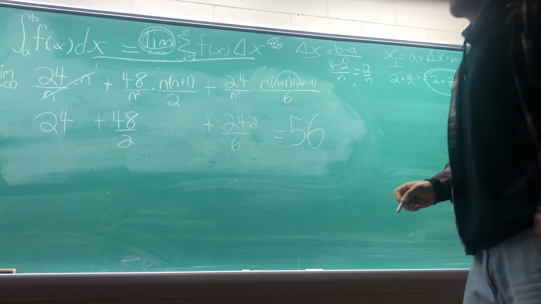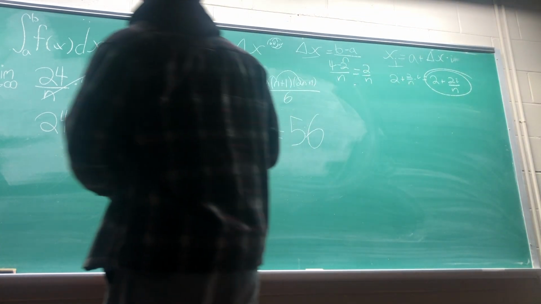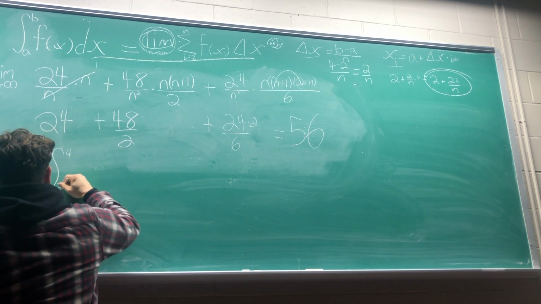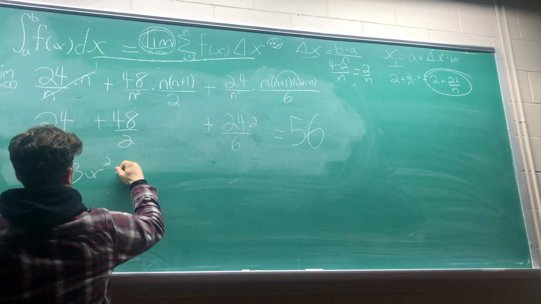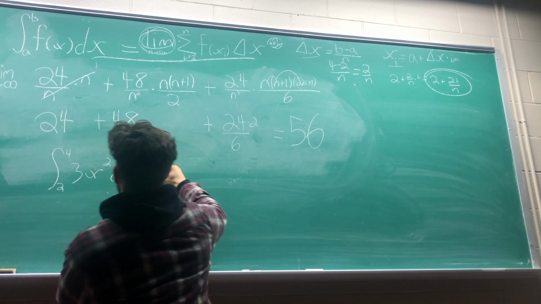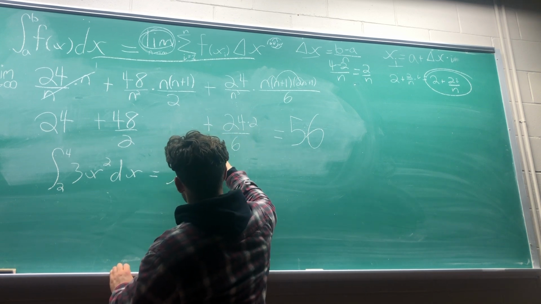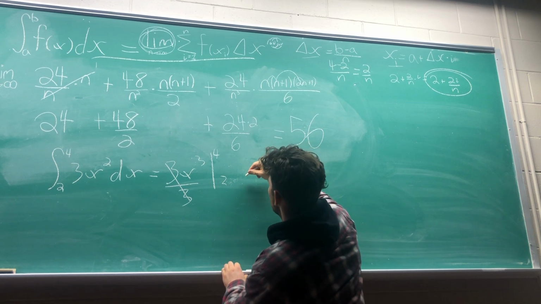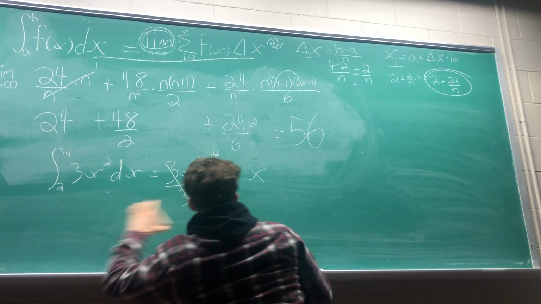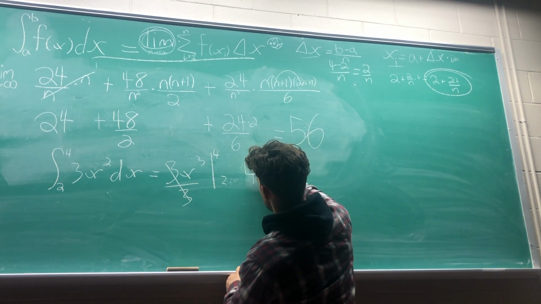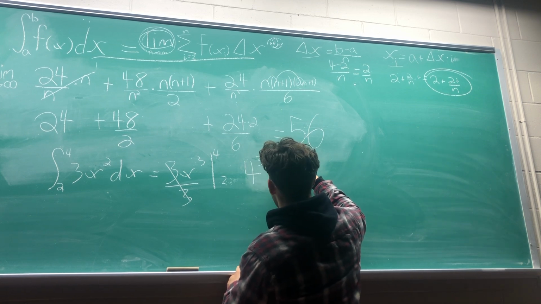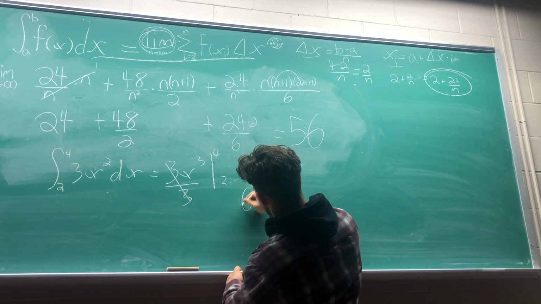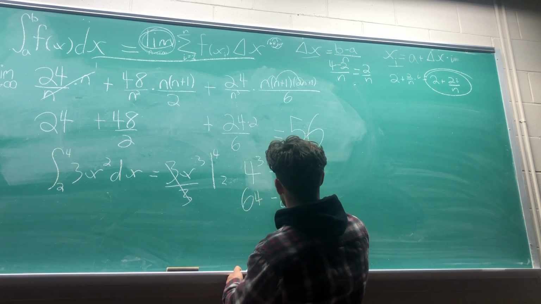What we're going to do is do it the proper way, or the easy way. 64 subtract 8.